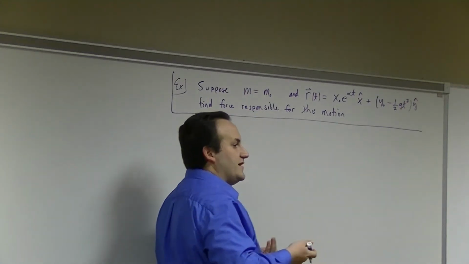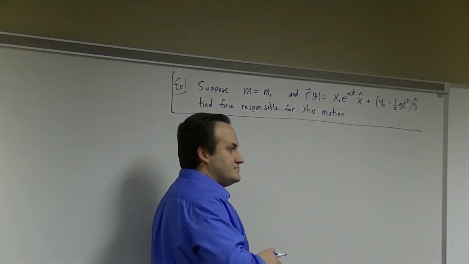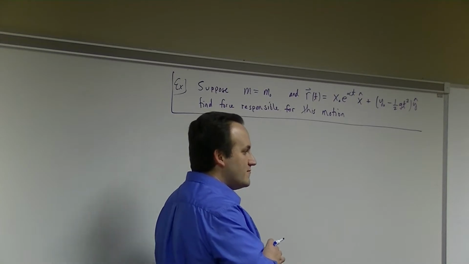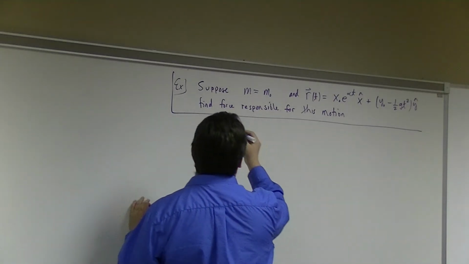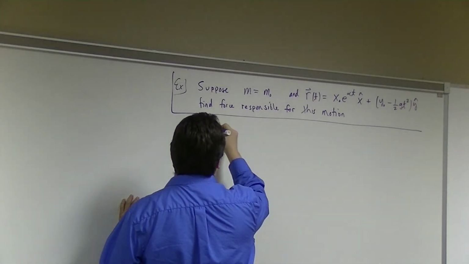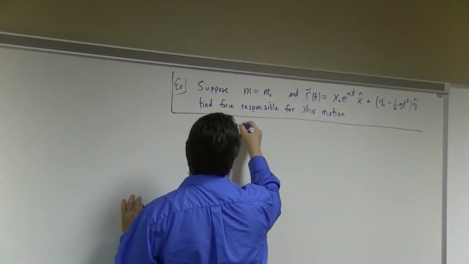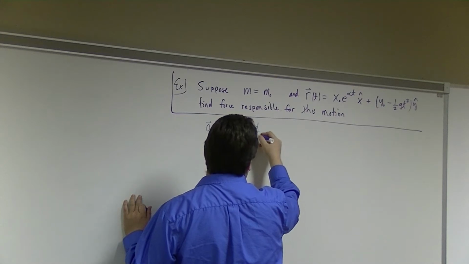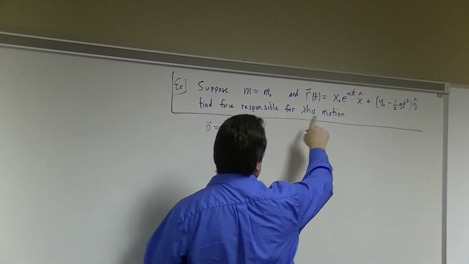Okay. So what do we do? We know what Newton's second law says: F is equal to ma. I've got the position. I want to find the acceleration. What do we do? Yeah, differentiate twice. So the acceleration is equal to d squared r dt squared, which is d/dt. Okay, so what's the derivative of this?